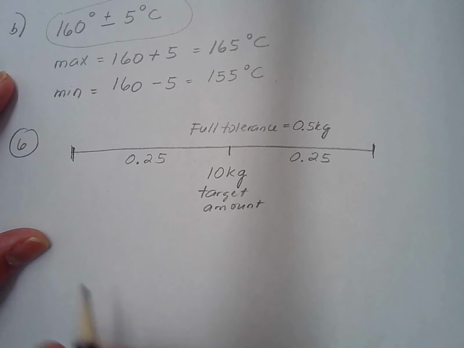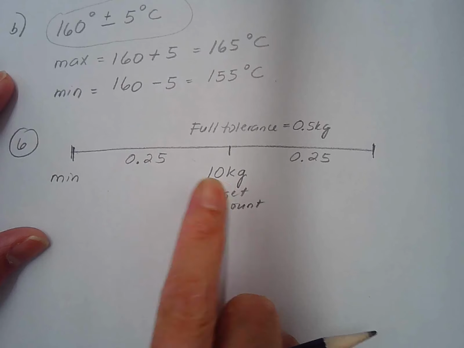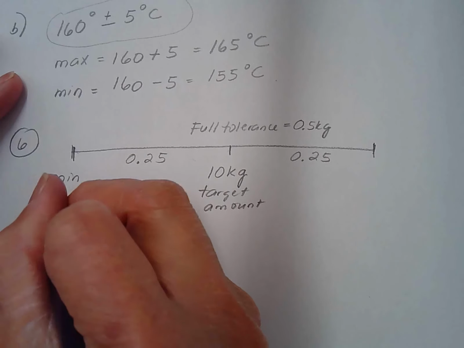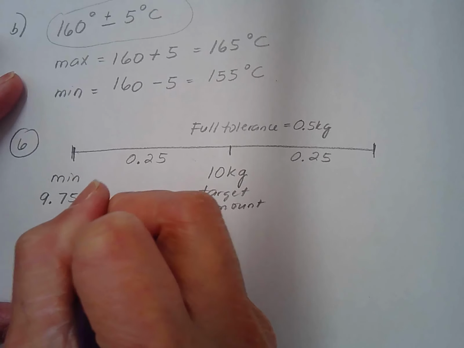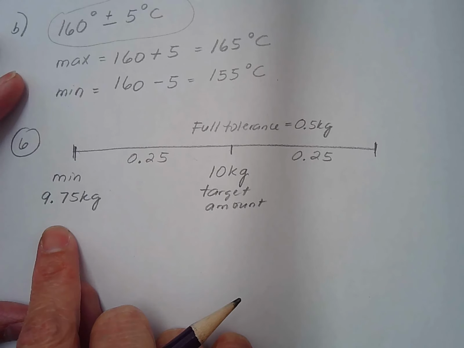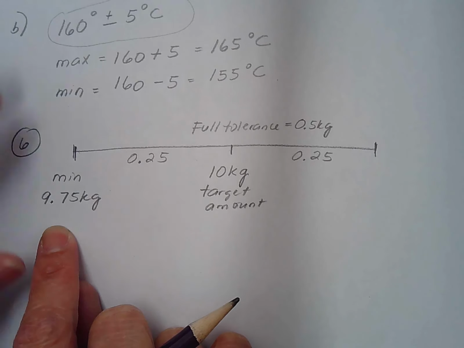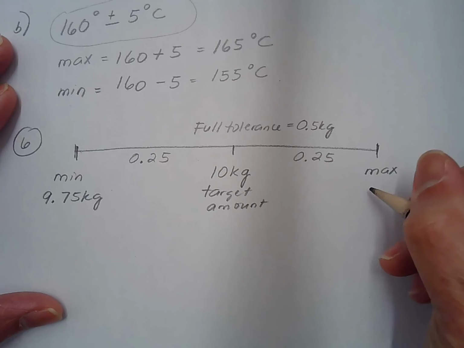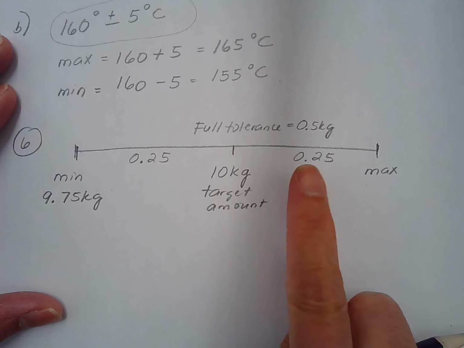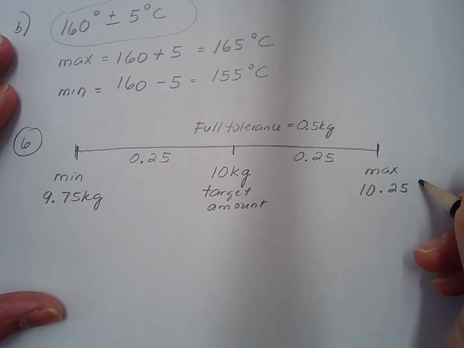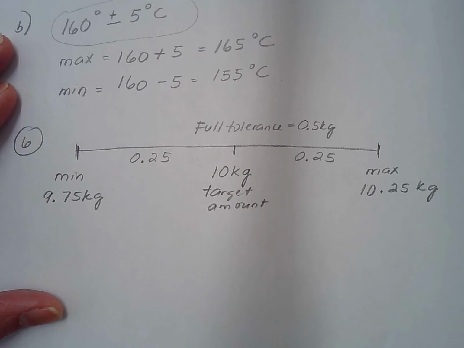So what is the minimum? Minimum would be 10 minus the 0.25, which is going to be 9.75 kilogram. So it's okay to be 9.75 kilogram. That is still acceptable. Or a maximum of 10 kilogram plus 0.25, so 10.25 kilogram.